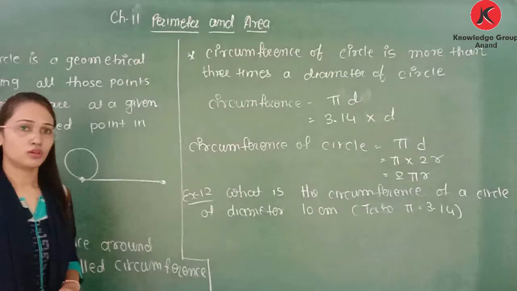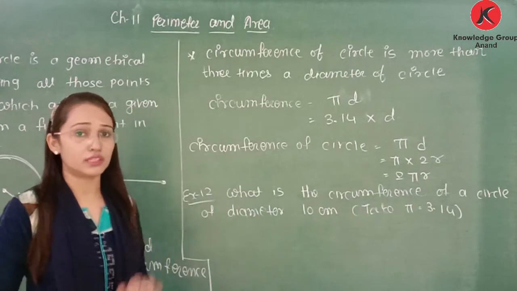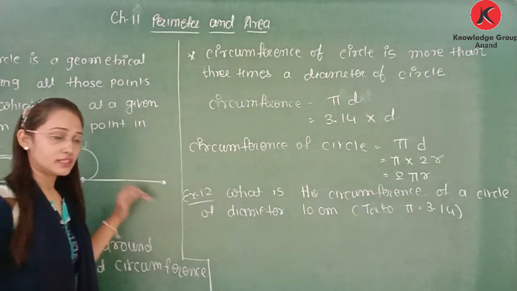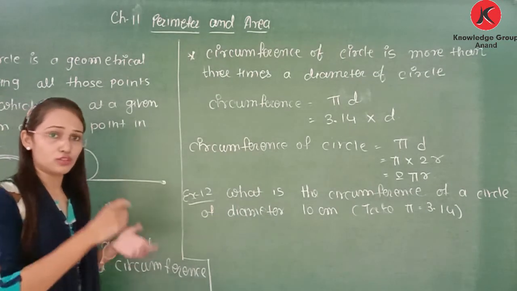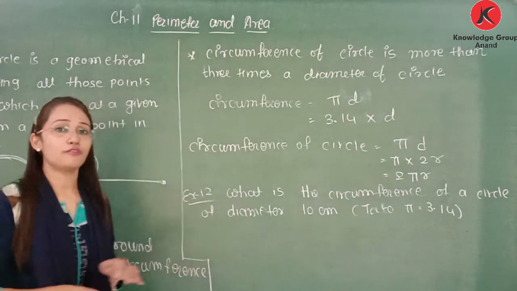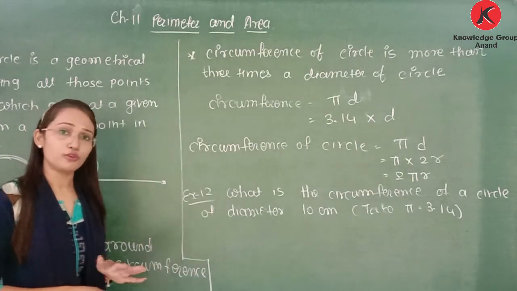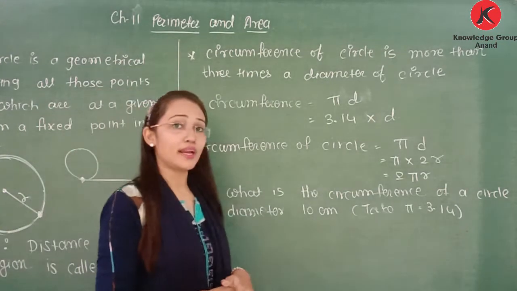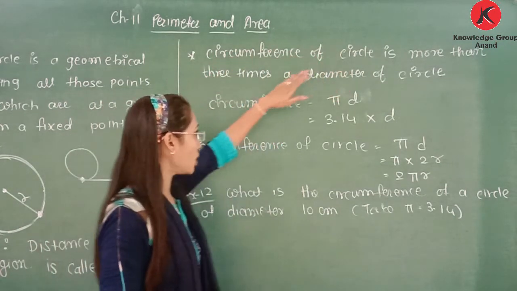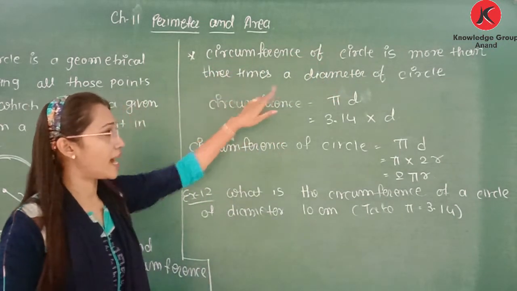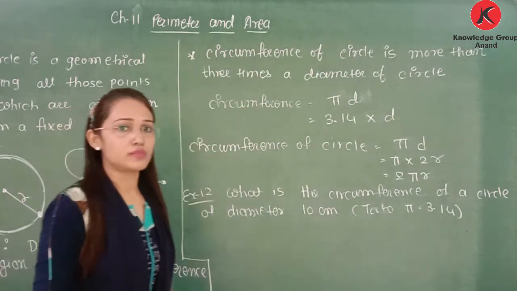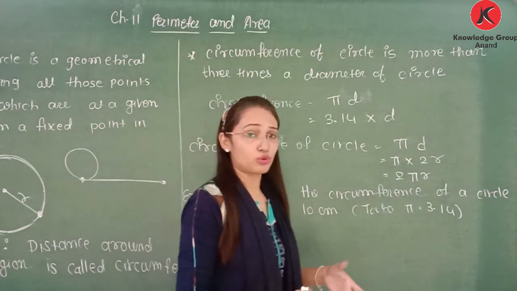Clear? If you take different sizes of rings, take 3 different rings, try to move them on a straight path and then measure that path, you get this value: the circumference of a circle is more than 3 times the diameter. Now what is the diameter? Diameter is 2 times the radius, which we already learned in 4th and 5th standard.